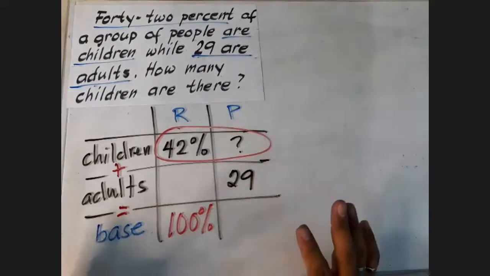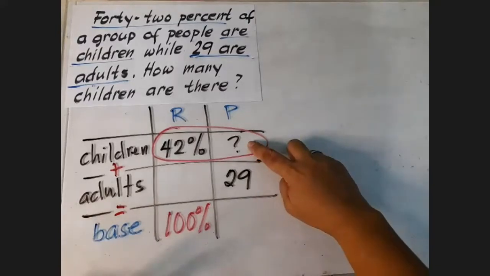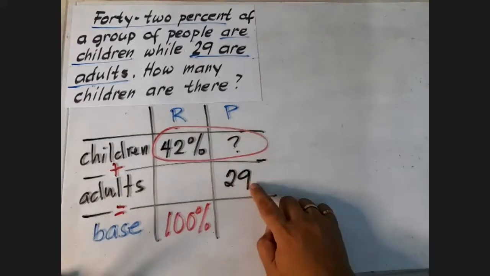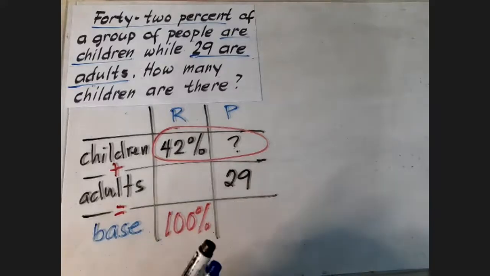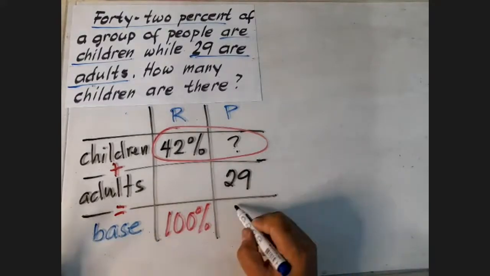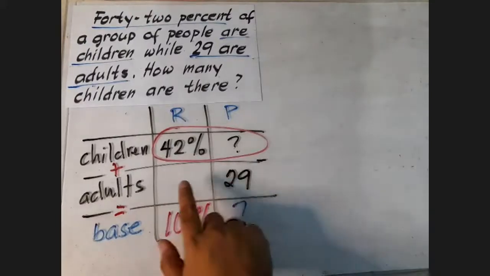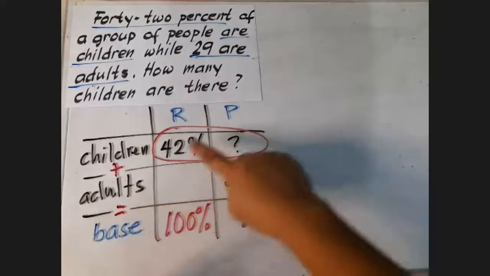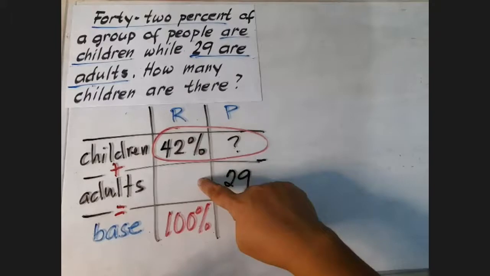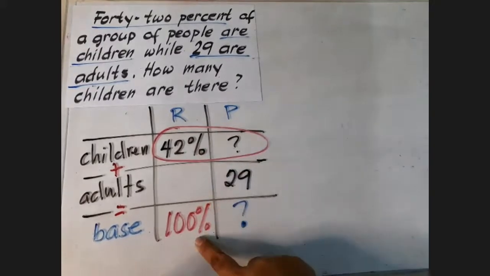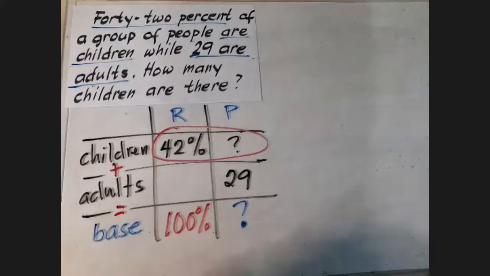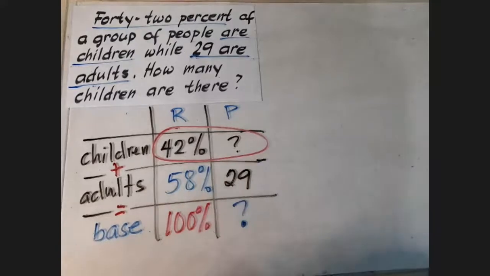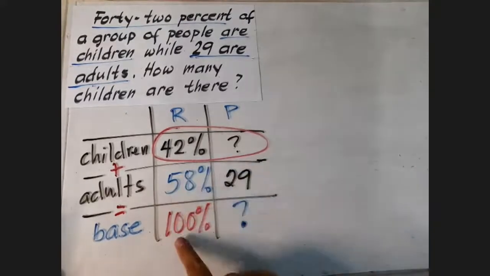So, ang gagawin natin, una, dahil hindi natin may didiretsong isolve yung children, ang gagamitin natin yung 29. Okay? So, this time, we'll have 2 question marks. Yung isang question mark natin pupunta dun sa base. And dapat ito may laman. Na ano nga sabi natin? Children plus adults is equal to base. So 42% plus this one is equal to 100%. So ano yung value na ilalagay natin dyan? This will be 58%. Okay? Kasi 42 plus 58 is 100%.